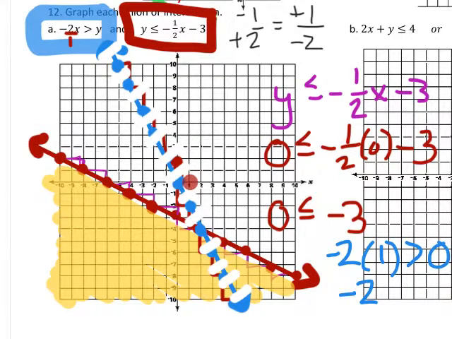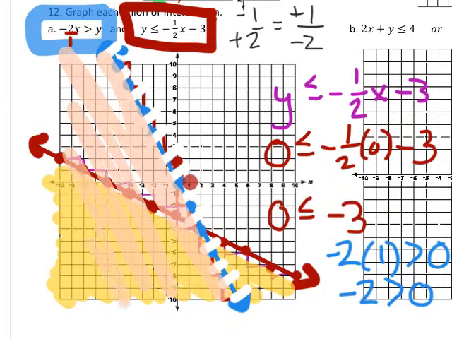Well, negative 2 times 1 is negative 2. Negative 2 is greater than 0. This is not true. So we know on the right side of the line, this is going to give us false values. Which means, all this means is that we need to shade on the left side of the line, which is fine. So at the line we have the shading here.